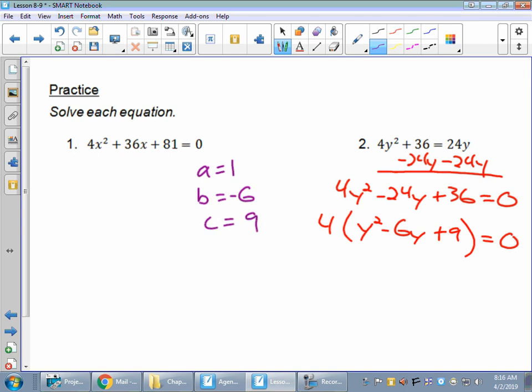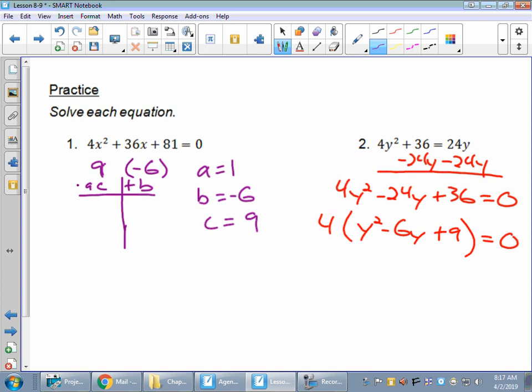So when I do a product sum table here, I'm going to multiply to make A times C, which is 1 times 9, which is 9. And I'm going to add to make my B value of negative 6. So negative 3 and negative 3 multiply to positive 9 and add to negative 6.